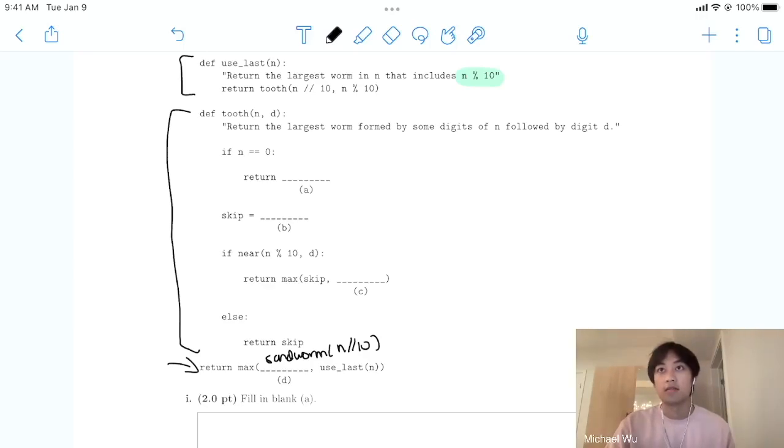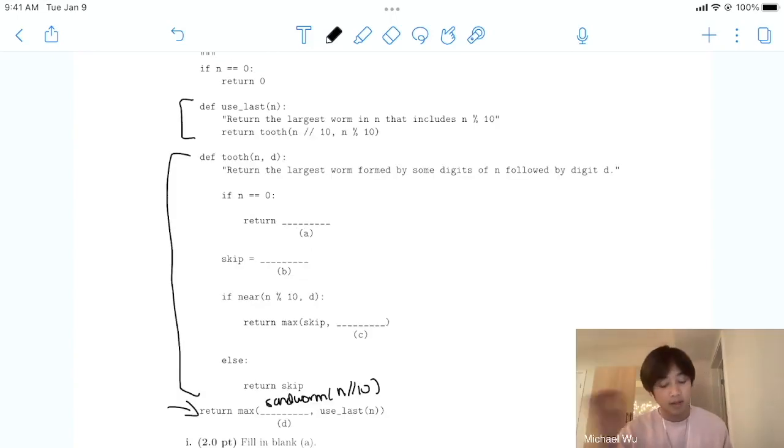We've seen this a lot in 61A already, with problems like count partitions or count coins, where you're trying to solve for all of the different combinations, and the way you count all of those combinations is by either using an element or not using an element. So in this case, we're counting all of the different sandworms and finding the max between sandworms that use the last digit and sandworms that don't use the last digit. Cool. Now we can look at what was already given to us, which is use last on n.